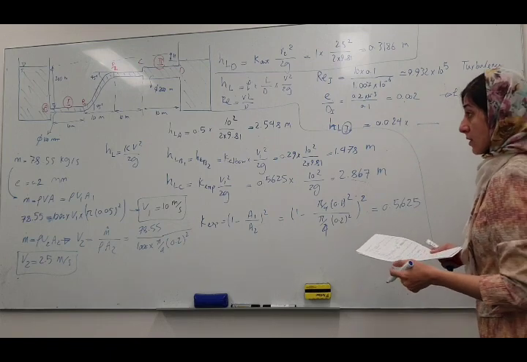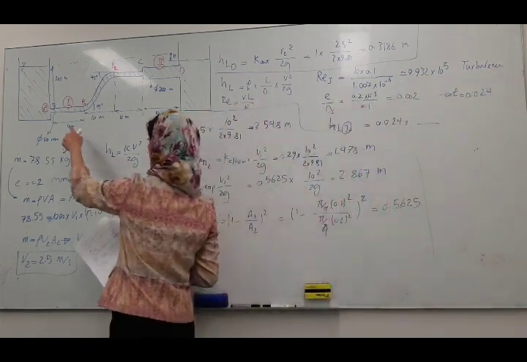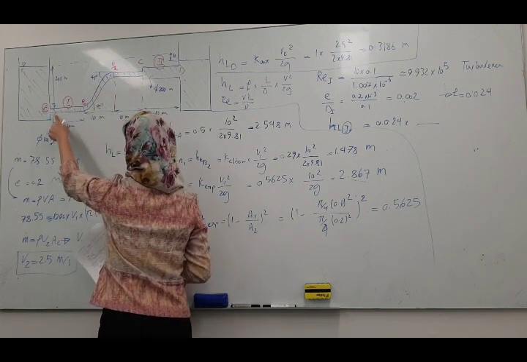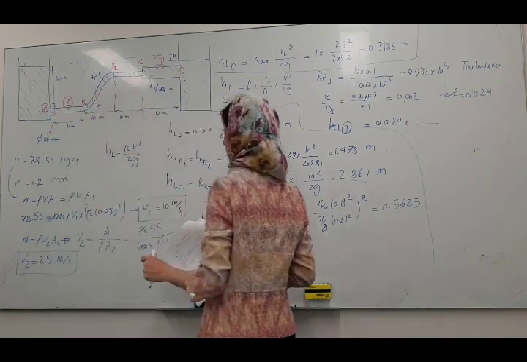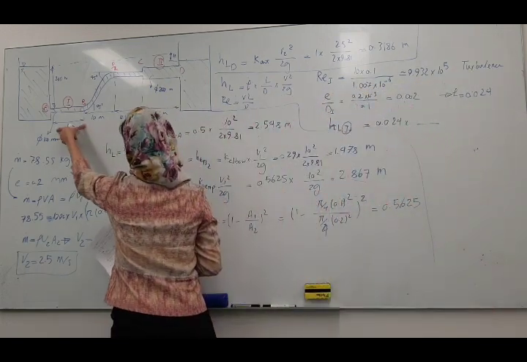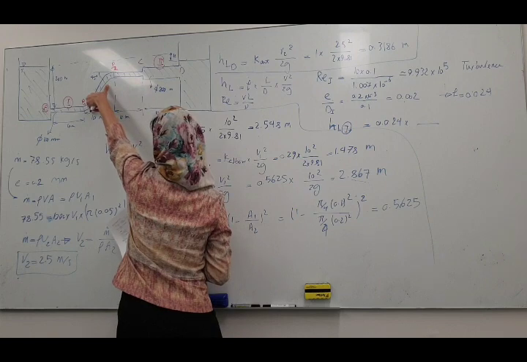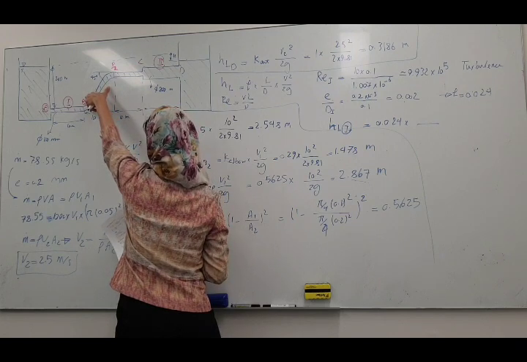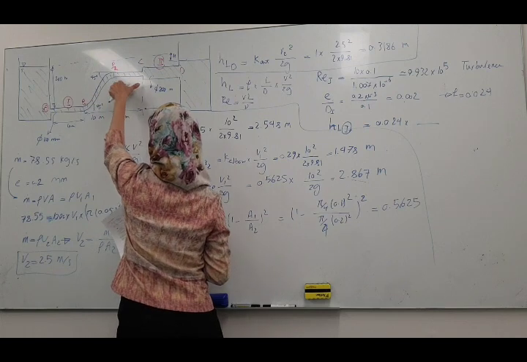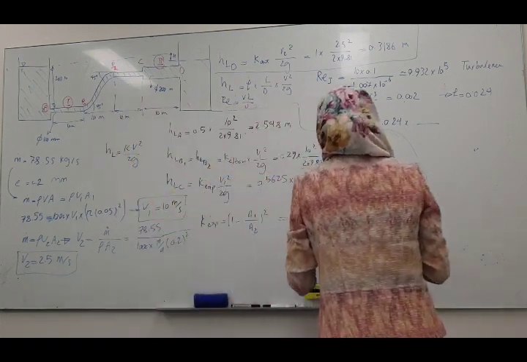As I said, since the velocity and diameter remain constant from here to here, we can consider the length of the total pipe. All right. So it means 10 diameters here, 10 diameters here times the sine divided by sine 45, and then plus 10 diameters.